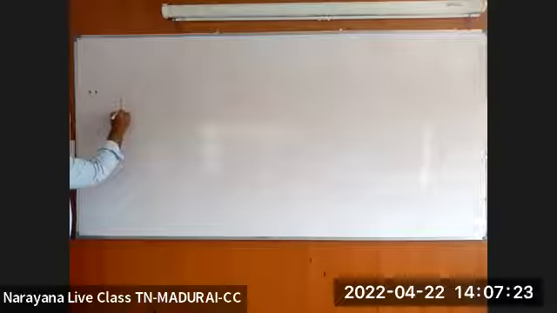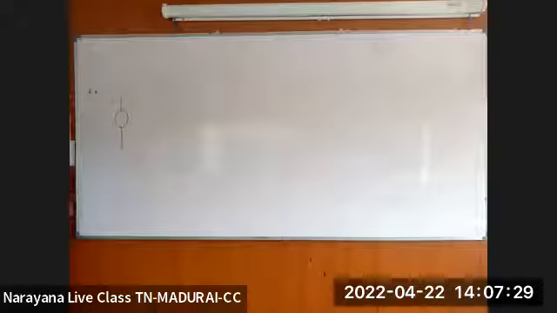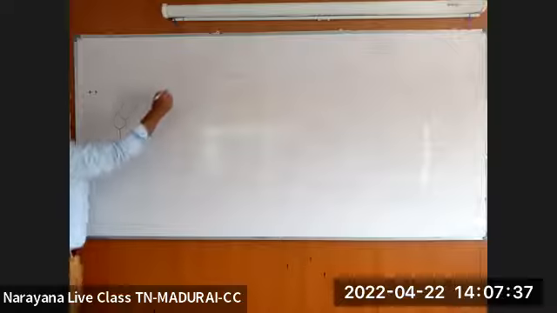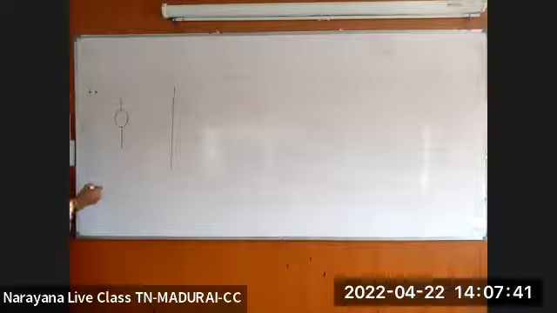Here I am taking one cardboard, and what is the shape of the slit here? Perfectly circle. And in front of that, I have placed the plane of the screen.